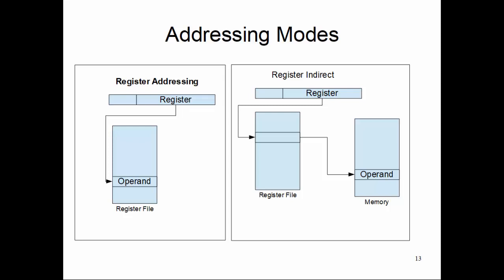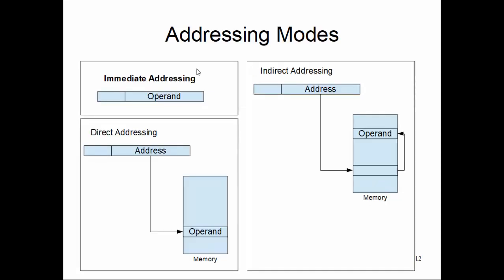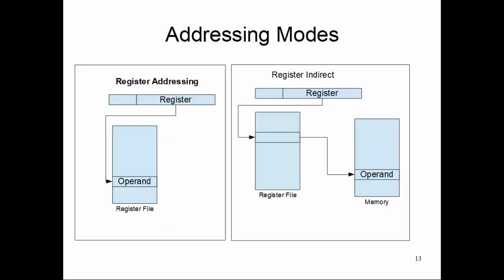Now register indirect is very similar to indirect addressing, where you embed a register reference in the machine code, and that register contains the address of the operand in memory. So it's a pointer to pointer, one pointer in the register file and the other in memory, if you think of it in terms of C language.